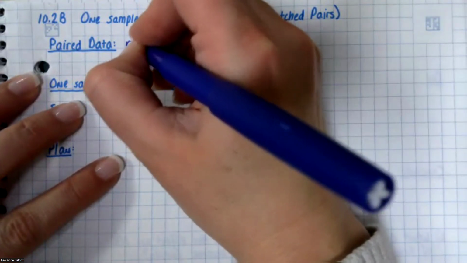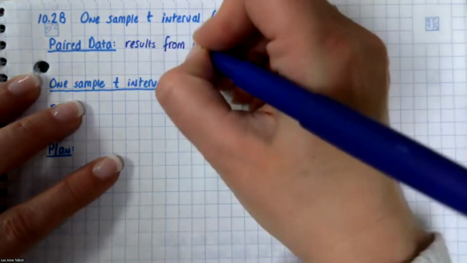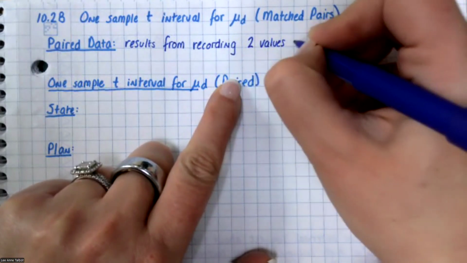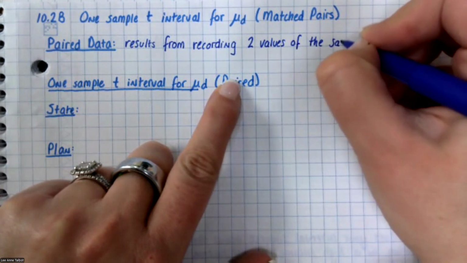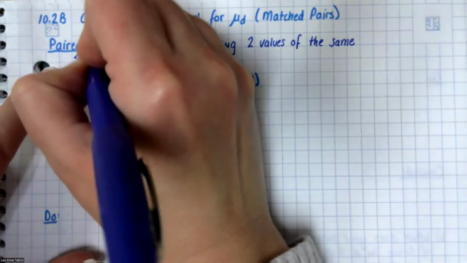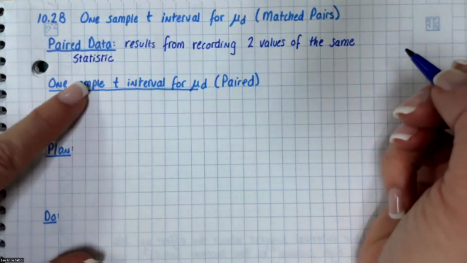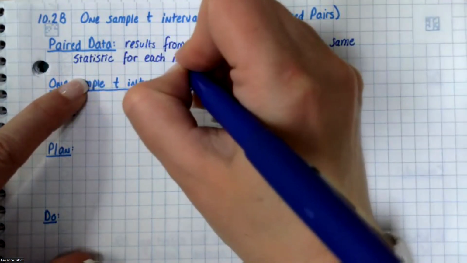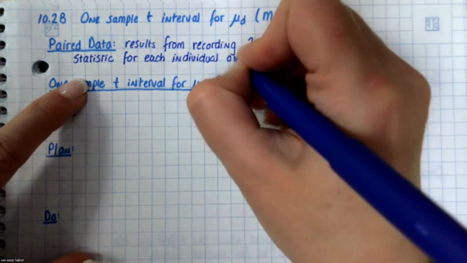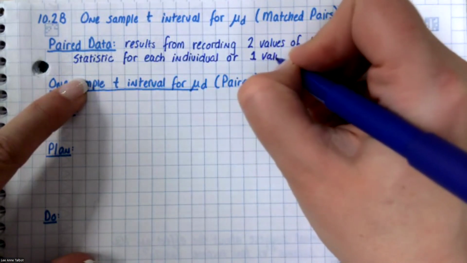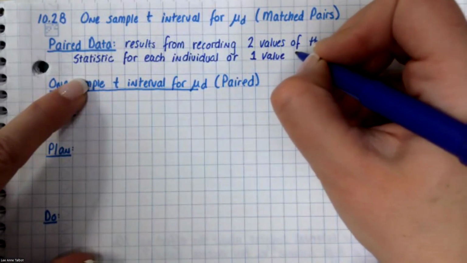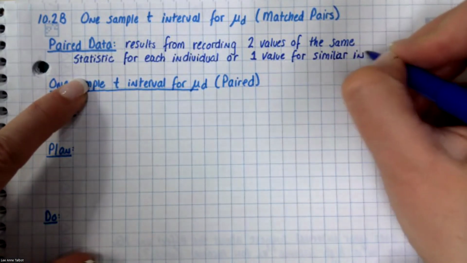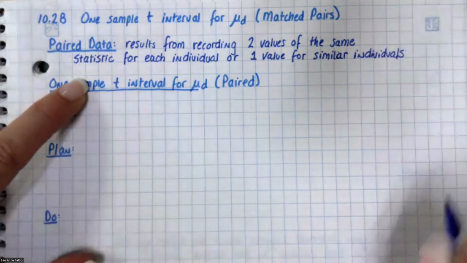It results from recording two values of the same statistic, meaning mean, proportion, height, weight, anything, for each individual or one value for similar individuals.